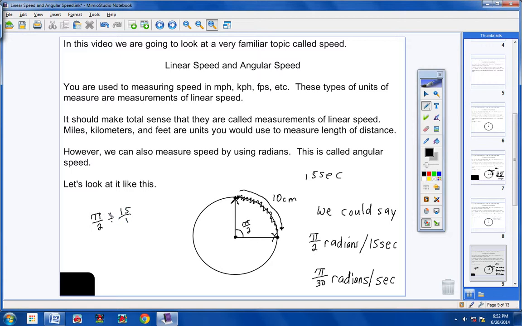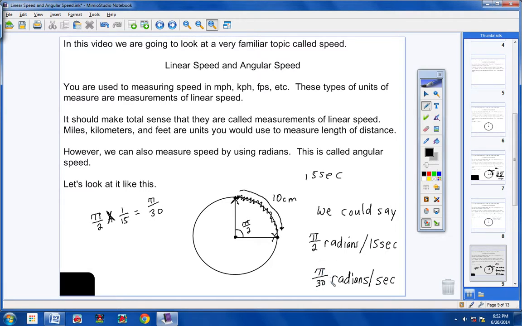And of course, when you're dividing fractions, you really multiply and move things around. We're going to flip 15 over 1, and now it's 1 over 15. When you multiply, pi times 1 is pi, 2 times 15 is 30. So instead of saying pi over 2 radians per 15 seconds, we're going to say pi over 30 radians per second.